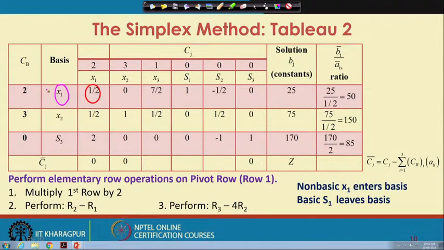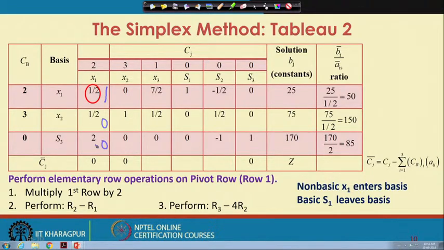So, the pivot row is row number 1, and the pivot element is half, which has been circled in red. So, again we perform elementary row operations, so that we get 1 here, 0 here and 0 here.